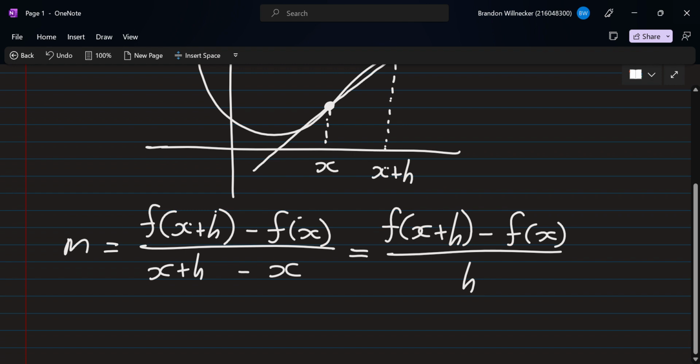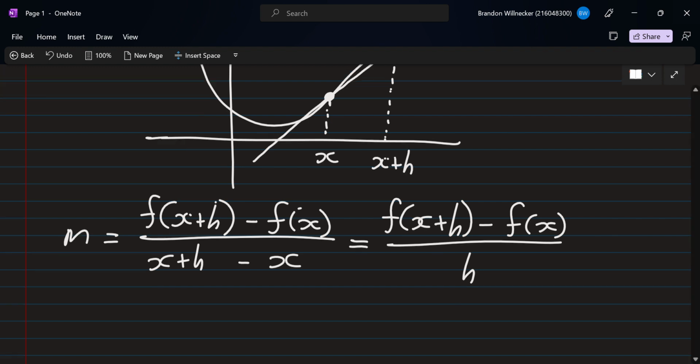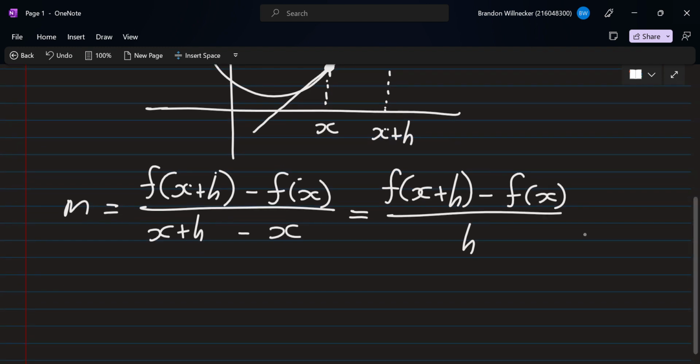To find the gradient at a single point, we take this h value and make it go to 0. So in the limit, these 2 points coincide, and the average gradient between 2 points becomes the instantaneous gradient at a single point, and we call that f prime.